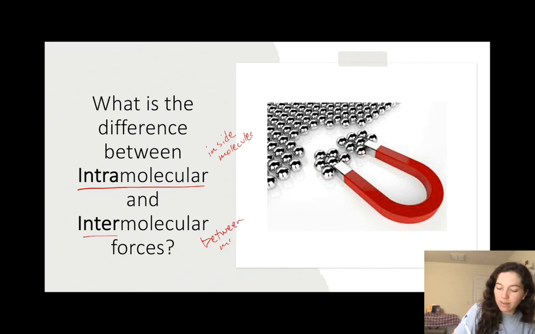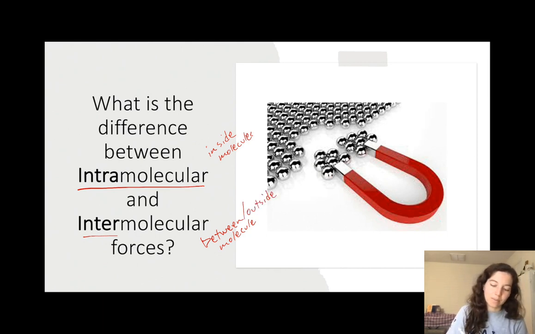So they're kind of outside of the molecule, between or outside. Okay, that's our difference there. One's an internal force and one is an external force.